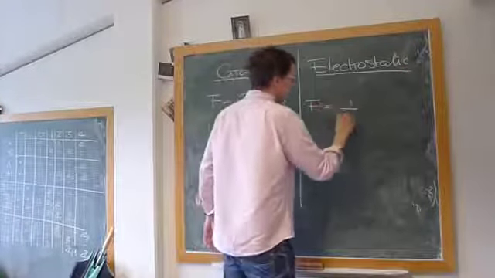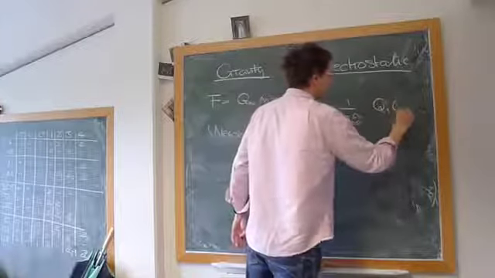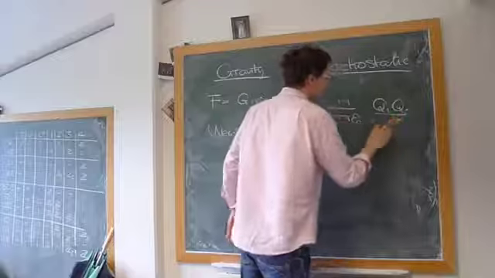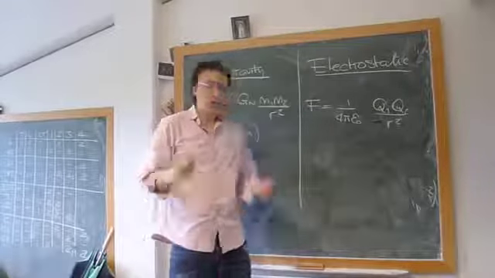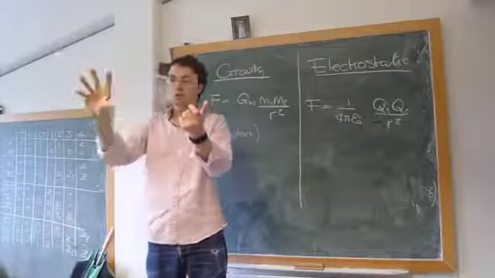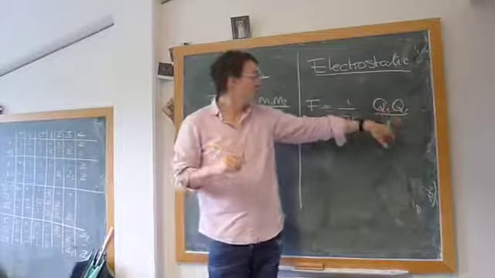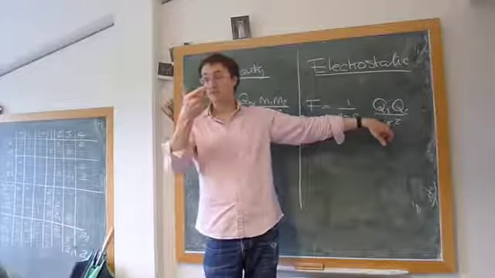So if you have two particles and they carry electric charge, the force between them is you take the charge of this particle, which is q1, you multiply by the charge of this particle, which is q2, and you divide by the distance squared between them.